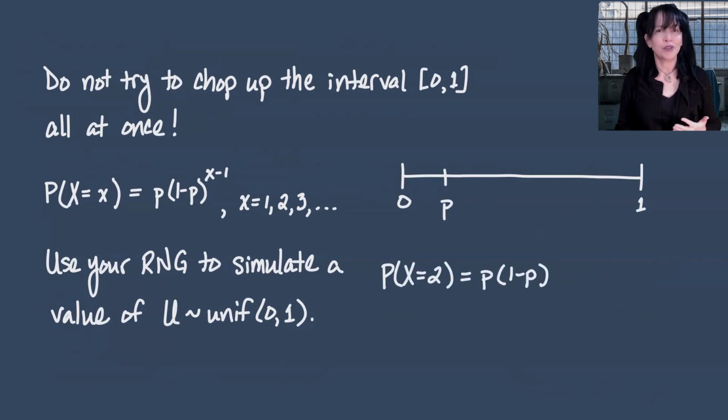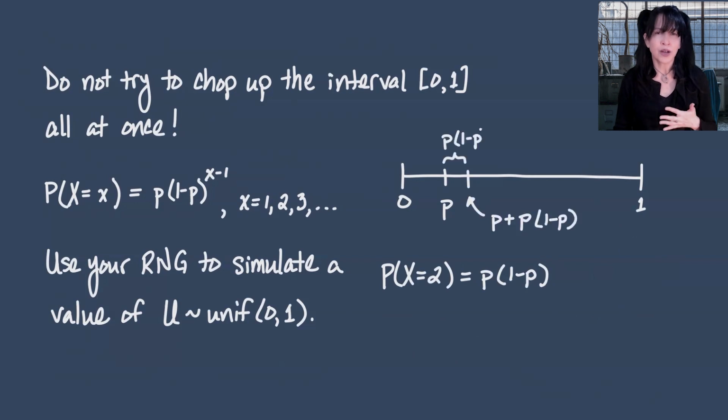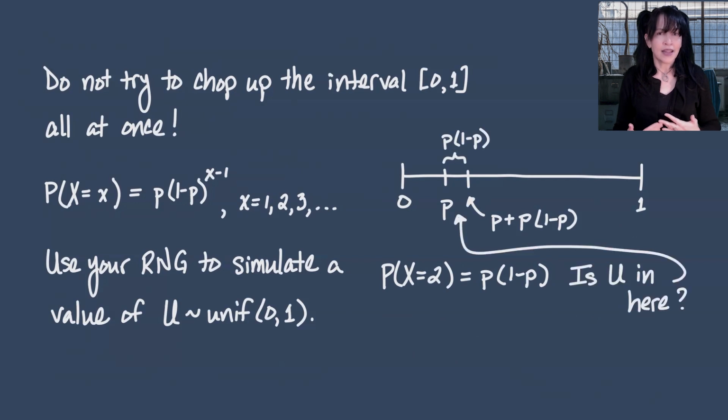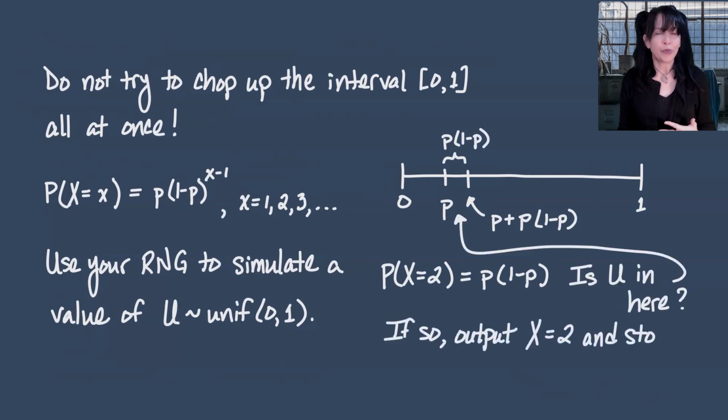So we need to go up to p plus p times (1 minus p). This is an interval of length p times (1 minus p). And if your uniform falls in this interval, then that's going to happen with probability p times (1 minus p), which is going to correspond to the probability that x equals 2. And so when you see your uniform fall in this interval, you want your algorithm to output the value 2. And you just continue in this way.